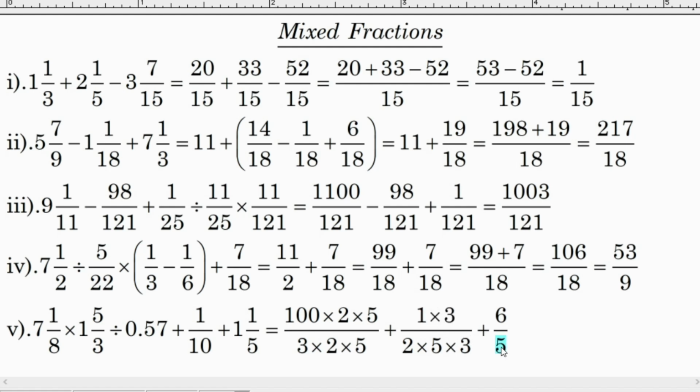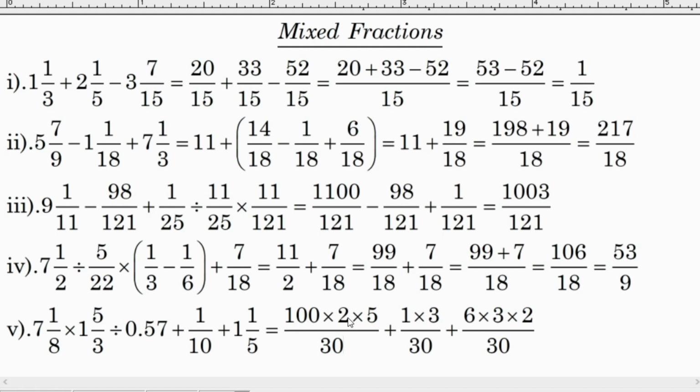Now we have only 5, so then we need to multiply with 3 and 2. And then here 3 with 2. Okay, so the same common denominator is equal to 30, right? Here is 30 and here is also 30.